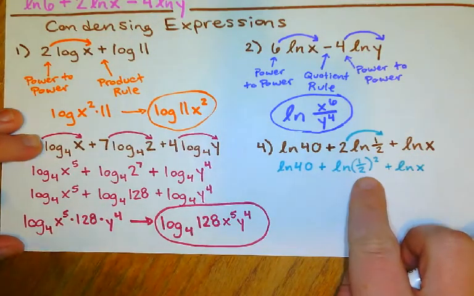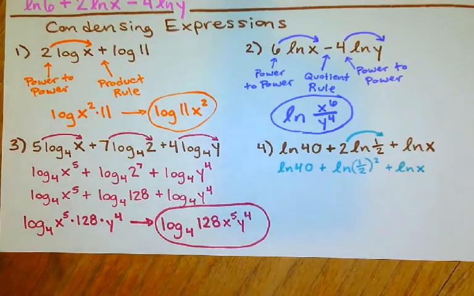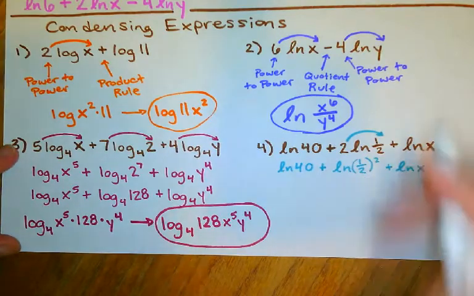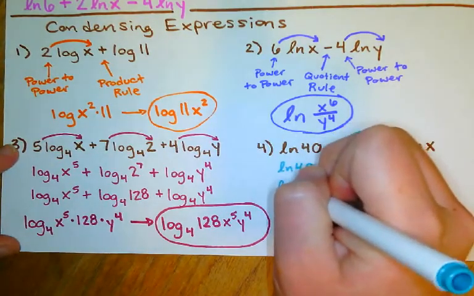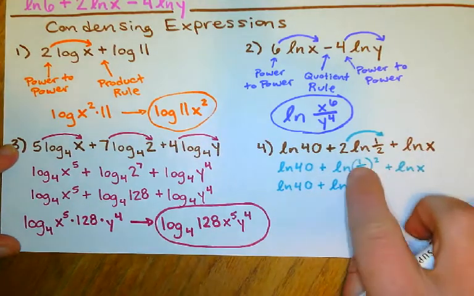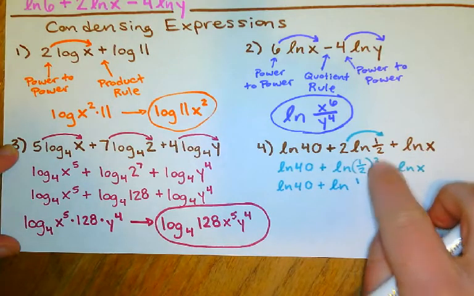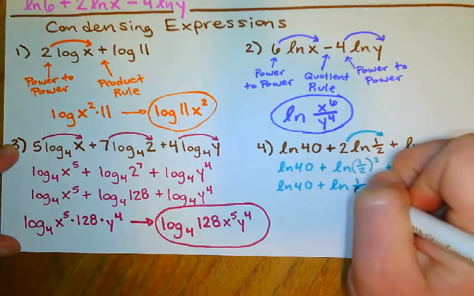This is actual math. What is 1/2 squared? Well, you could plug it into your calculator, or we can do it in our head here. We're going to have natural log of 40 plus natural log of 1 squared is 1, and 2 squared is 4.